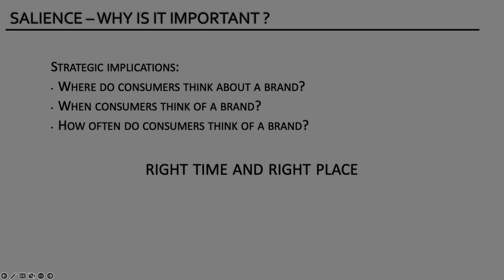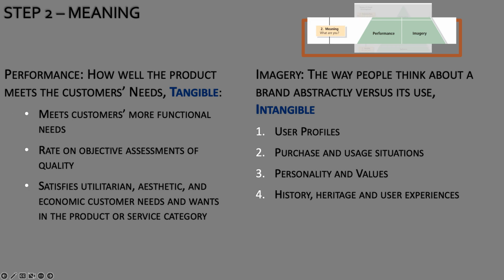So how do we do that? We create meaning, and we create meaning from the way our products are viewed and how they perform, the tangible as well as the intangible pieces. So performance, quality, what they offer, or points of parity: that's a tangible functional need.